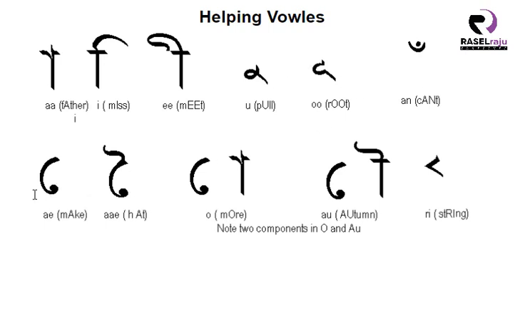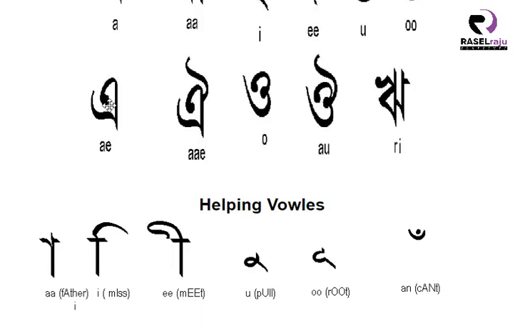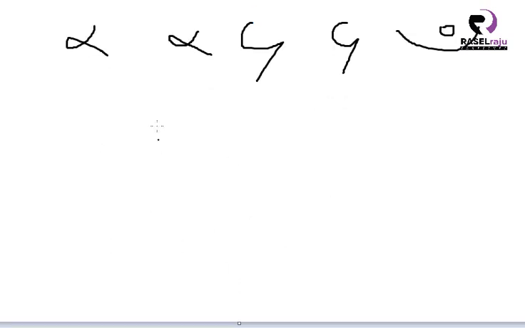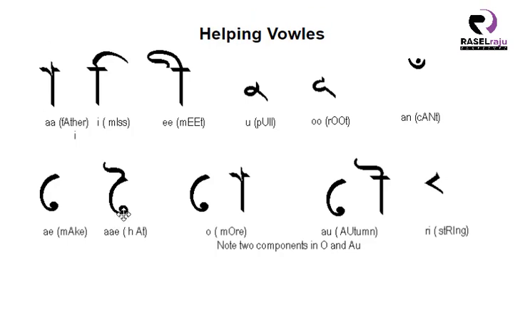It's A. It's a main vowel. This is a helping vowel. Okay. It's a helping vowel. It's a main vowel. It's Oi.